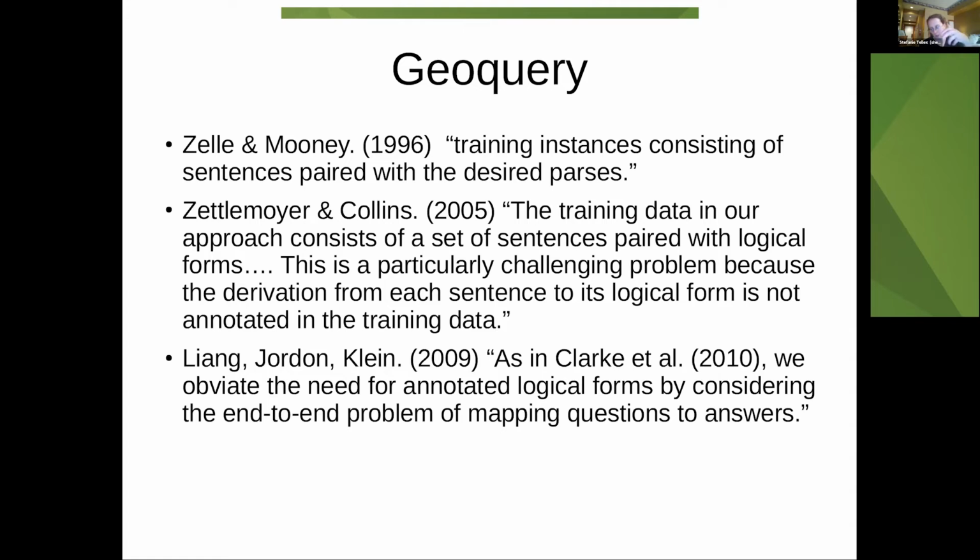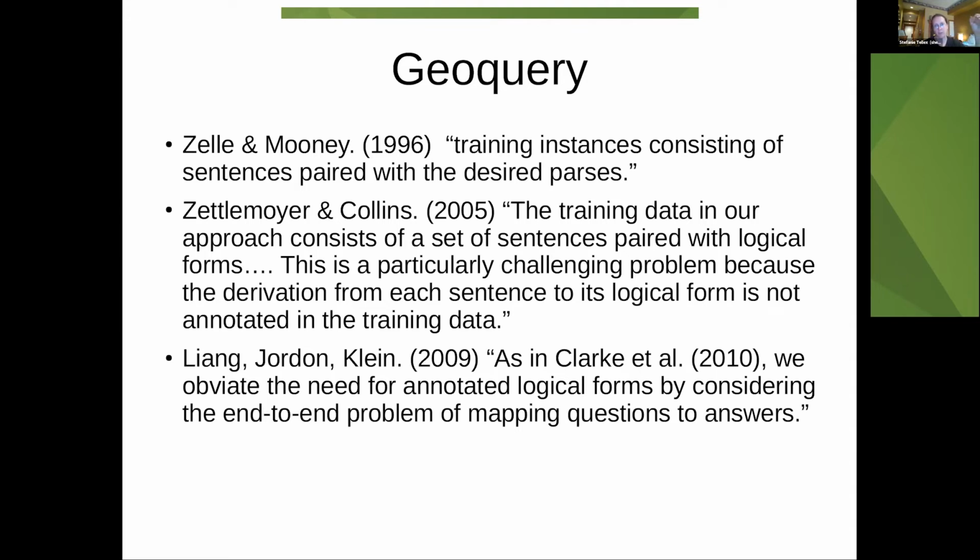Associated with it is a geographic database and a Prolog query which, when you run it on the database, would return the answer. The very first papers on GeoQuery use training instances that consist of sentences paired with the parse tree. So a human had to manually parse the English sentence and give the parse tree to the model before it learned to parse it.